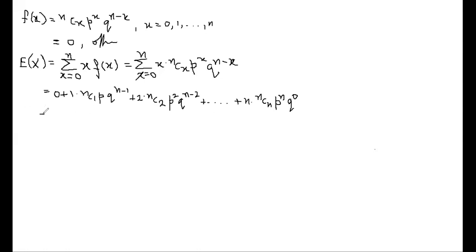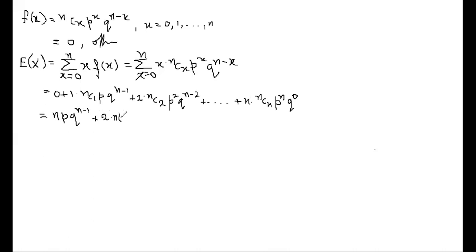So now just simplification. We will move on with the steps for simplification only. First term is 0, so we can ignore that. Second term is 1 into nC1. What about nC1? How much is it? n. So n p q to the power of n minus 1, plus 2 into nC2.